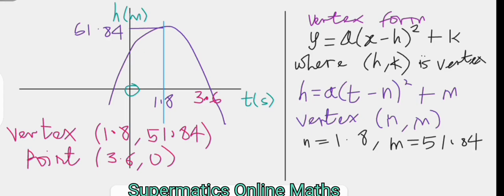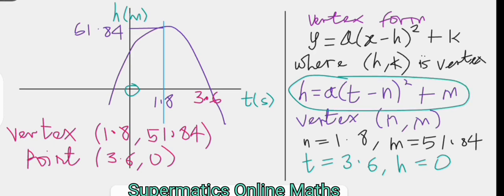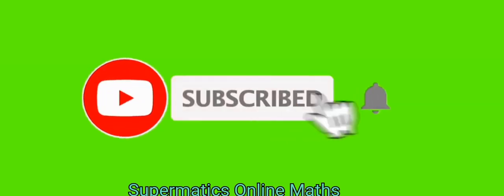We also have an additional point, the ground level point, where t is 3.6 and h is 0. We're going to substitute all these values into the vertex form in order to get the value of the leading coefficient a, and thereafter obtain the equation.